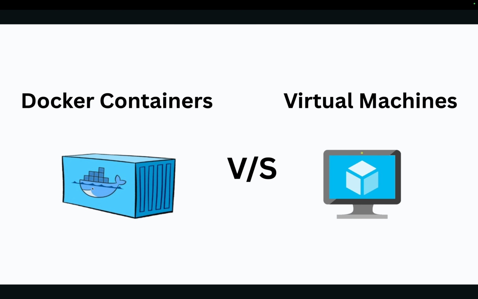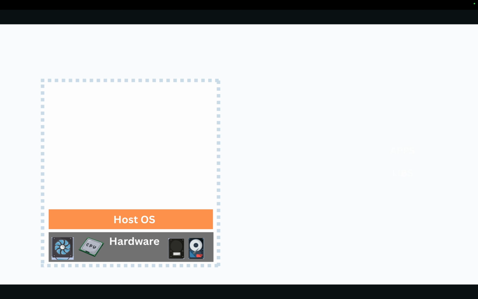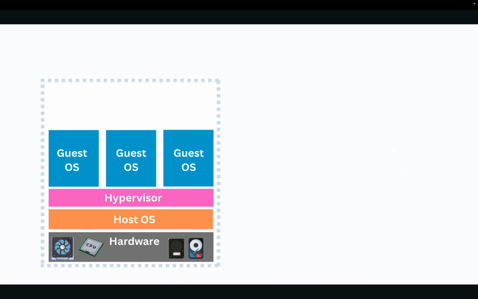Now, as a reminder, with our virtual machine architecture, we have physical hardware commonly known as a VM host. On top of that, either the hypervisor is running directly or a host OS and then the hypervisor. This is the difference between, say, VirtualBox, which runs on an operating system, versus VMware, which runs directly on the host. Then we have virtual machines, each of which runs its own guest operating system. This could be the same operating system, for example Debian, or they could each be different guest operating systems.